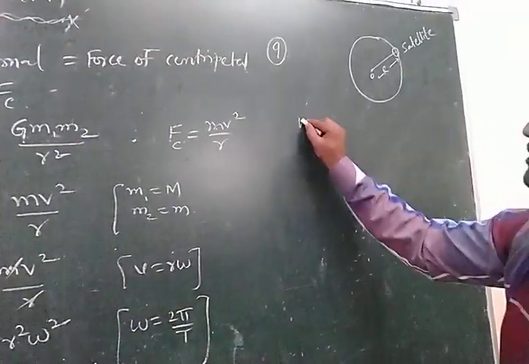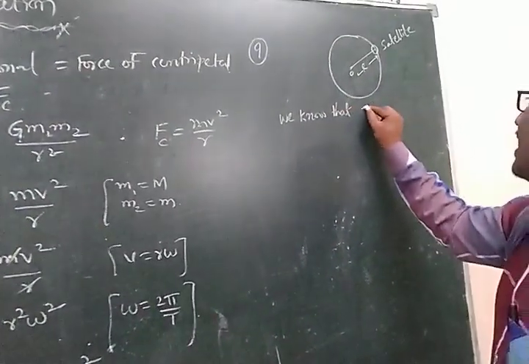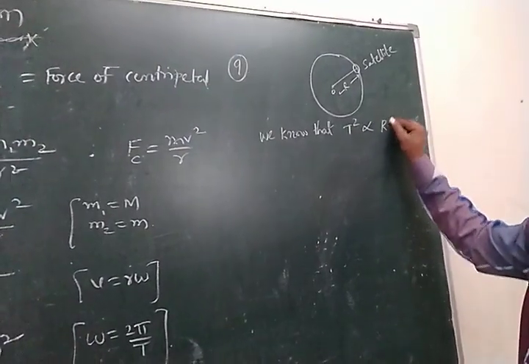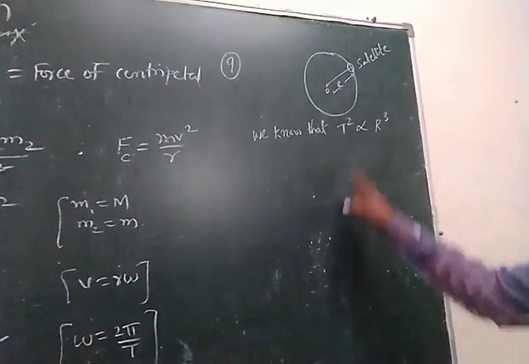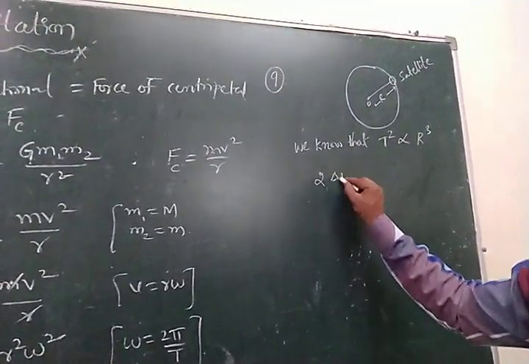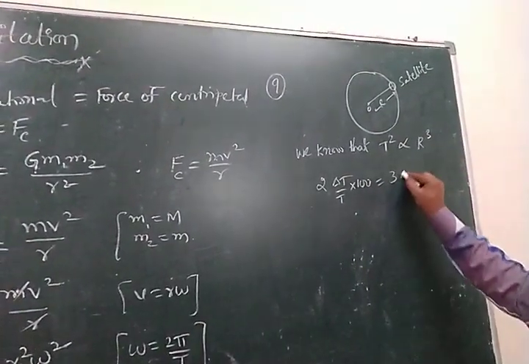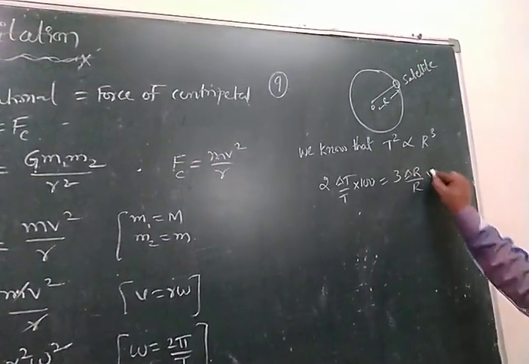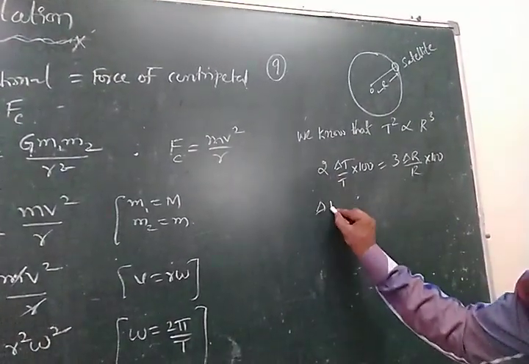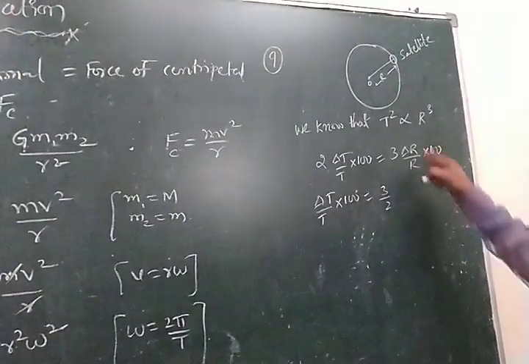We know that the square of the time period is directly proportional to the cube of the semi-major axis. Now we can write it in percentage: 2 into delta T by T into 100% is equal to 3 delta r by r into 100%. Here the 2 is taken to this side. Delta T by T into 100% is equal to 3 by 2 into delta r.